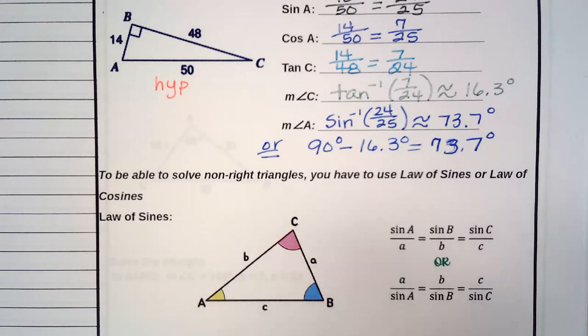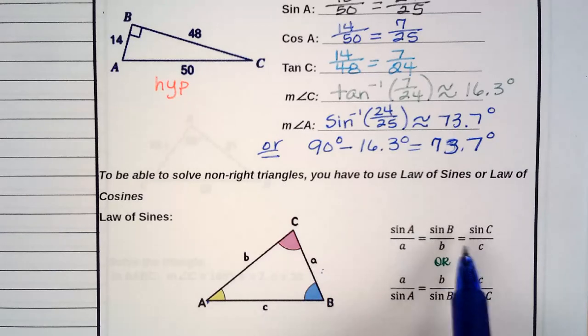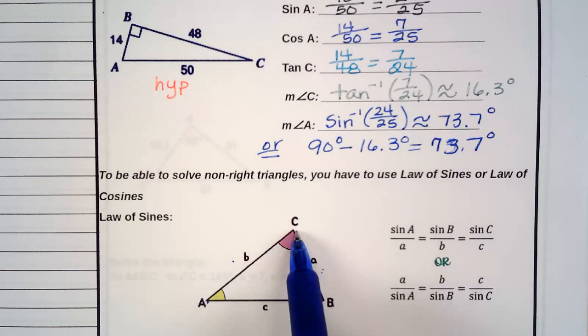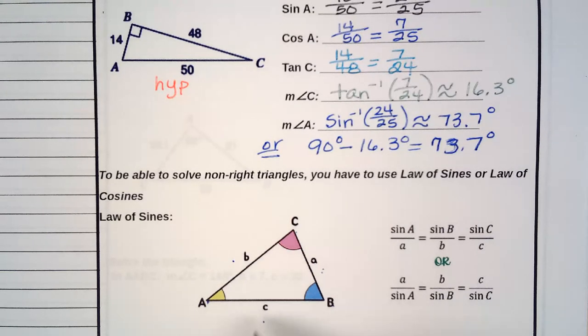So if this is angle A, this is side A. So the sine of this angle divided by this side is equivalent to the sine of angle B divided by the length of side B, which is also equivalent to the sine of C divided by side C.